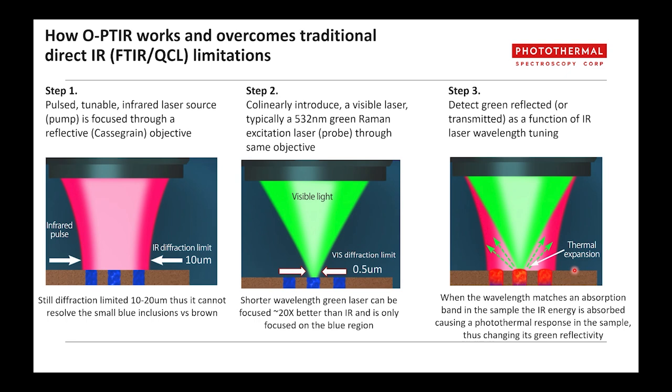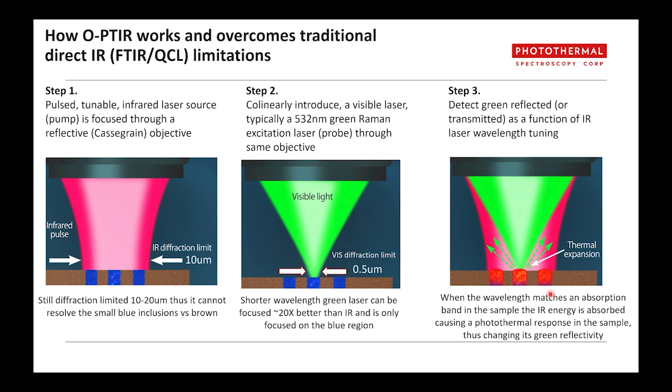It's heating, cooling, heating, cooling. Whenever anything heats up, you have a slight change in refractive index, slight expansion. So that physical change also changes how the green light is reflected back. So we're actually changing the reflectivity of the sample because it's heating up ever so slightly.